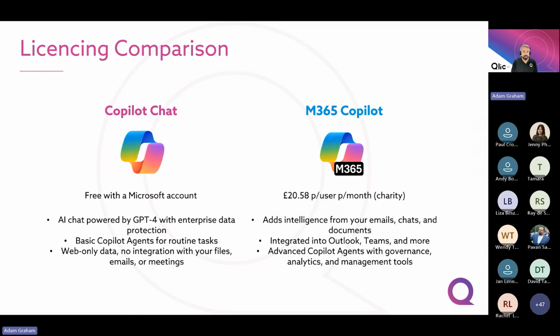Now, many of you will know that Microsoft has two versions of Microsoft Copilot. There is Copilot Chat and Microsoft 365 Copilot. The free version, which is built into Microsoft Teams and online on the web, and the paid version that is built into your apps. Building an agent can be done in the free version of Microsoft Copilot, as long as you're not sharing files into it or sharing it with your colleagues.